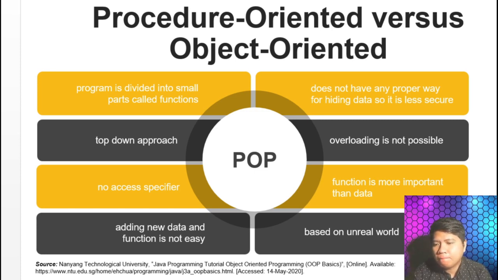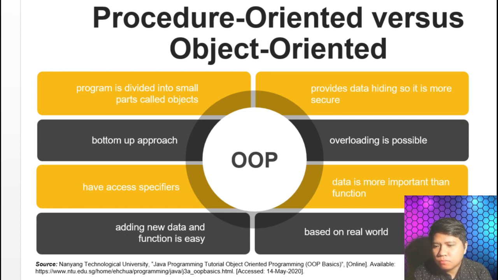Okay. What about the OOP? So, OOP is divided into small parts called objects. It provides data hiding. Okay, so it is more secure. So we can use the concept of encapsulation. We can use abstraction. Again, we have a separate discussion for that in more detail. It follows bottom-up approach starting from specific up to the general requirements.